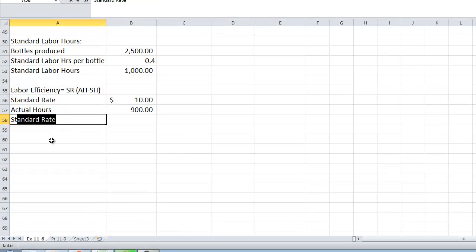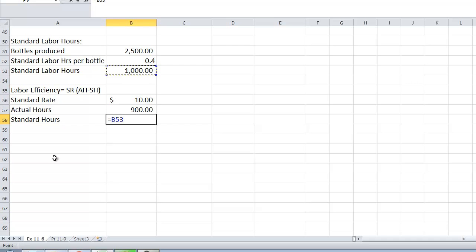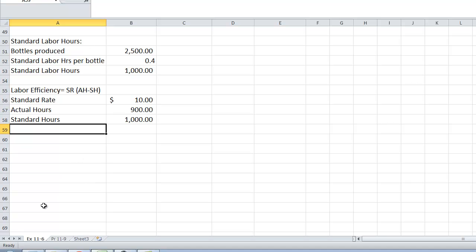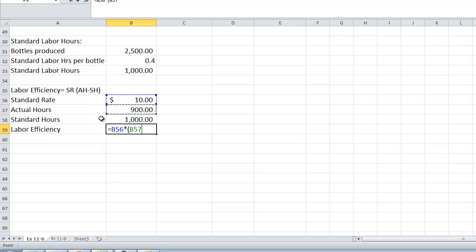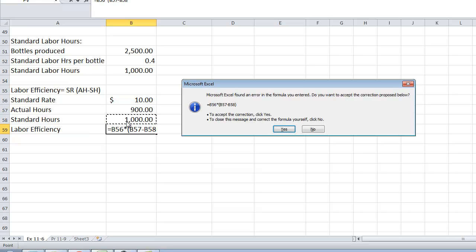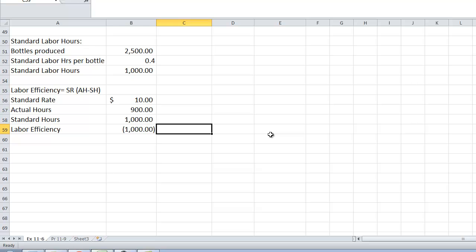Our standard hours, we just calculated, 1,000 hours for this project. So labor efficiency equals standard rate times actual hours minus standard hours. And this is a favorable efficiency variance.